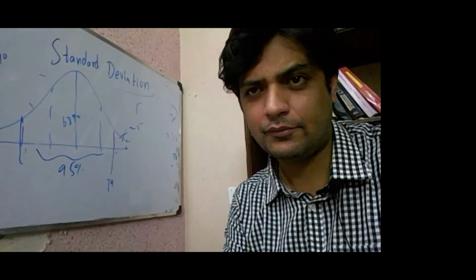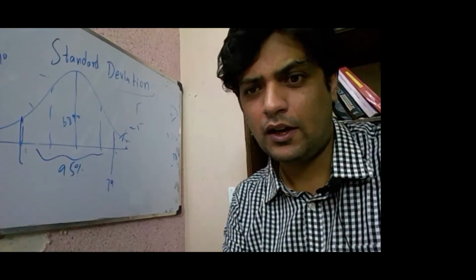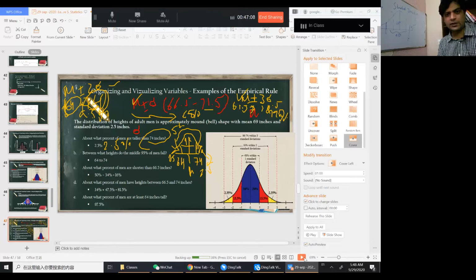The rest of the examples you can practice by yourself. I have given you the slides. It's really easy, not that difficult. Just right now, tell me quickly: between what height do the middle 95% of men fall?